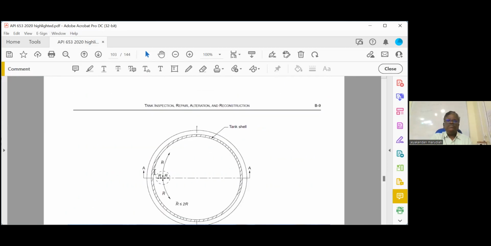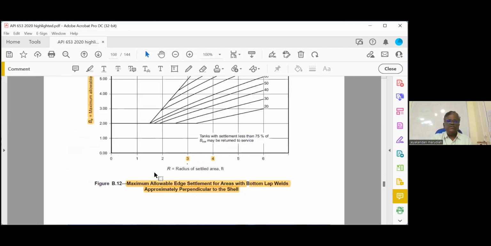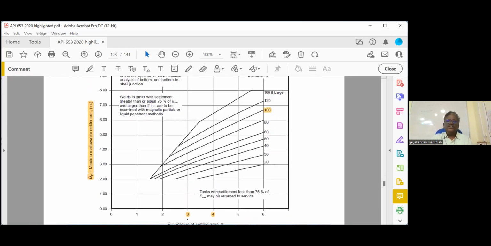If you go to the next page, for perpendicular there is another graph. You can see figure B.12. Maximum allowable edge settlement for areas with the bottom lap joints approximately perpendicular to the shell. Now here, same 100 feet diameter, 3 feet, how much is allowed?